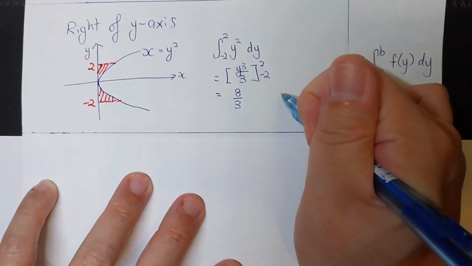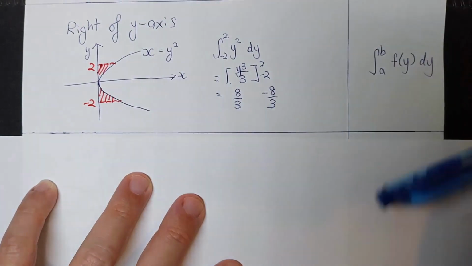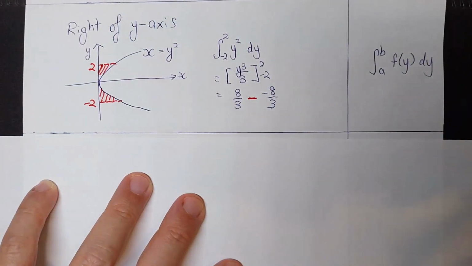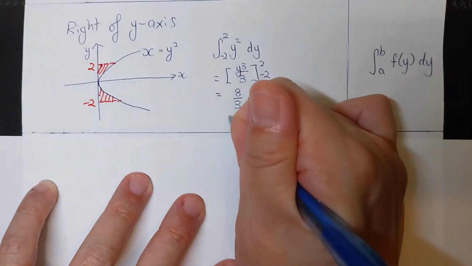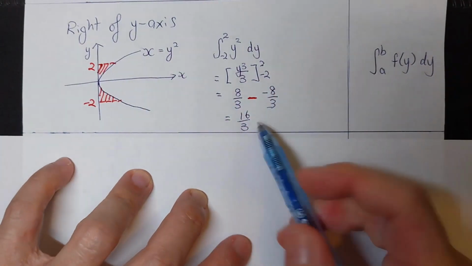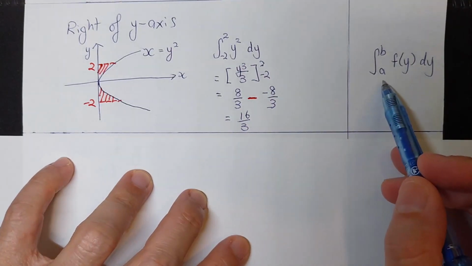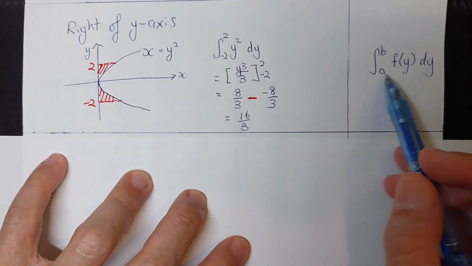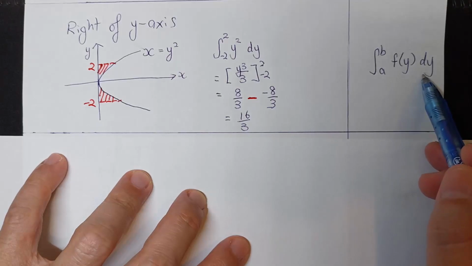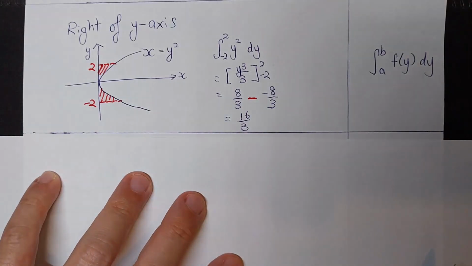If we sub in the value of negative 2, we will have negative 8 over 3. And once again, we must subtract these two values, and that will give us 8 over 3 plus 8 over 3, which is 16 over 3. We realize that the area is now positive and we do not need to do anything when we are integrating f(y) with respect to dy if the curve is on the right side of the y-axis.